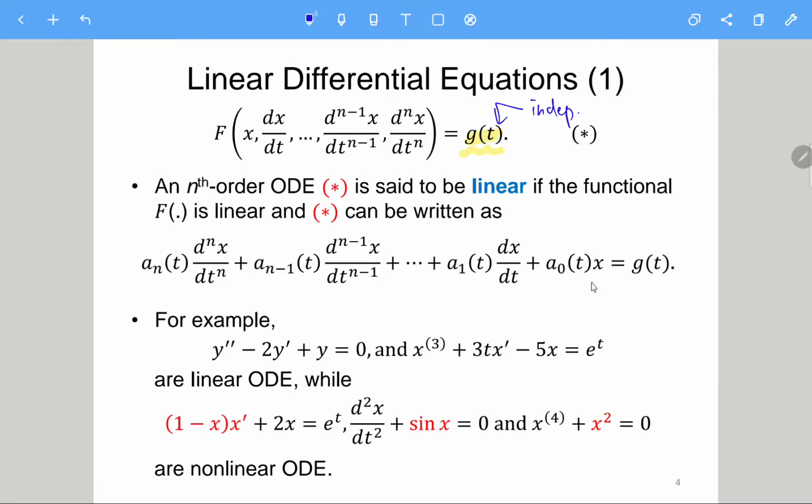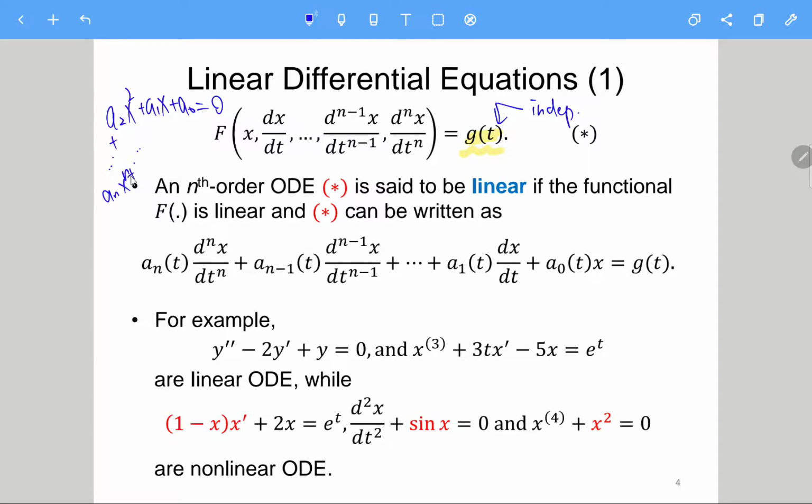It is just like when you solve an algebraic equation, something like a2 x squared plus a1 x plus a0 equals 0, or maybe you can add more, up to an x to the nth power plus dot dot dot. Then it is an nth order algebraic equation.